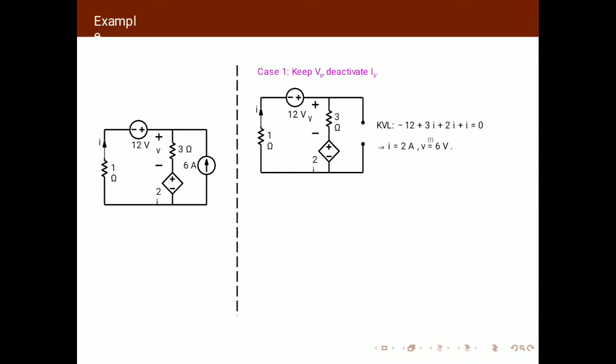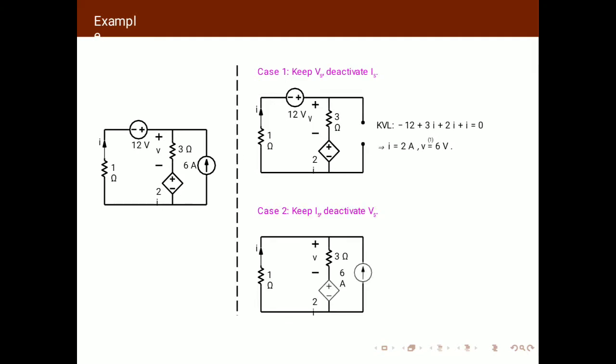Now observe case 2. Keep Is as it is and deactivate Vs. Deactivating Vs means short circuiting the 12 volts. The voltage source is short circuited here.